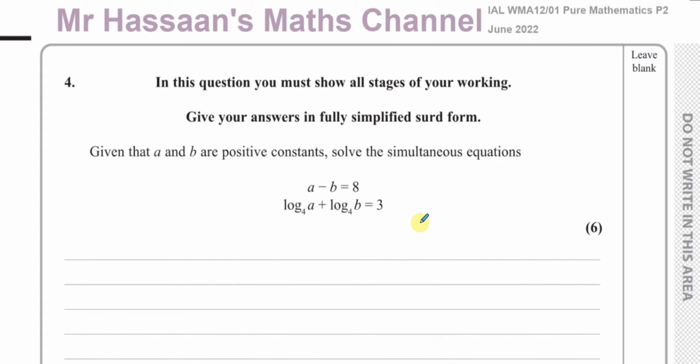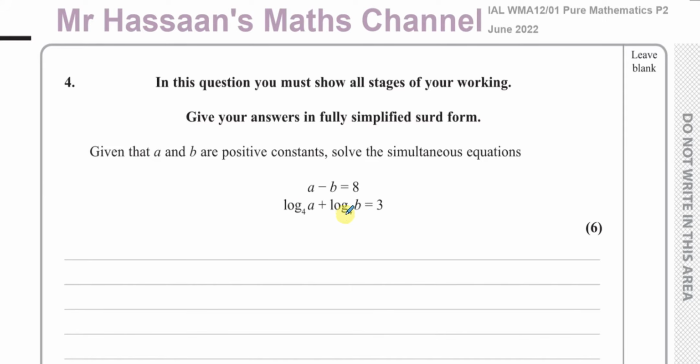So of course, for us to solve a question like this, what we need to do is convert them both into the same form. The easiest thing for us to do here would be to take this log to the base 4 of a plus log to the base 4 of b equals 3 and convert it into a normal number. So we have to combine the two logs together.